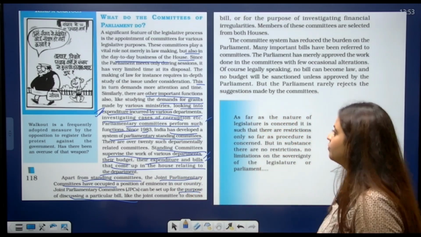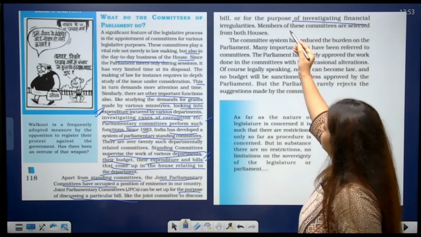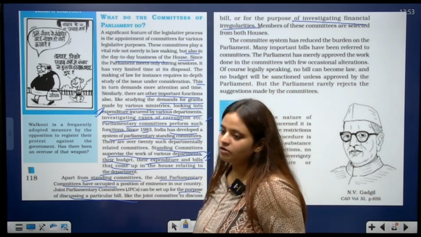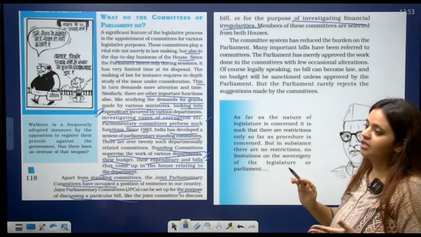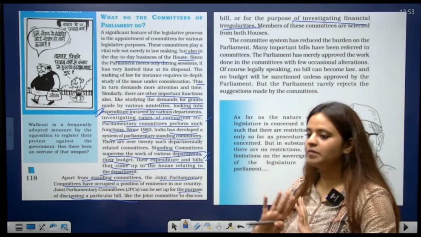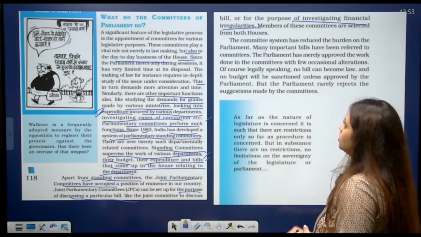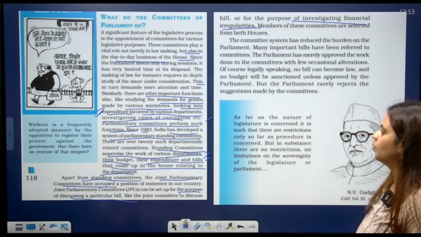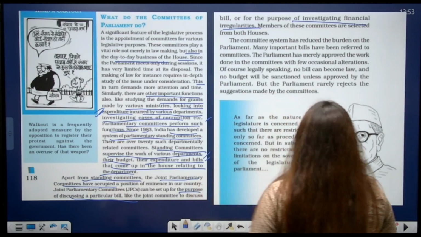The reason is the same, the purpose is the same: investigating matters of corruption or financial irregularities, in case there is a mismatch between the grant of funds and the expenditure of funds. So we have committees like this which supervise the work of the government and the bills that are related to the department.